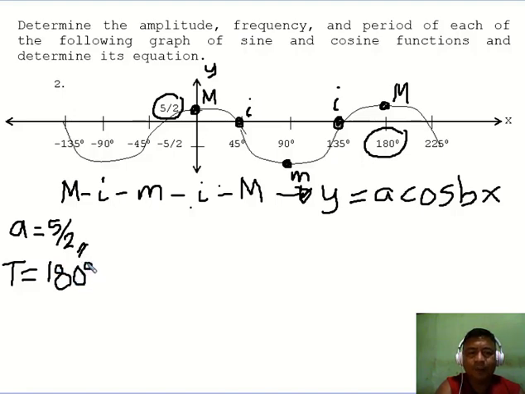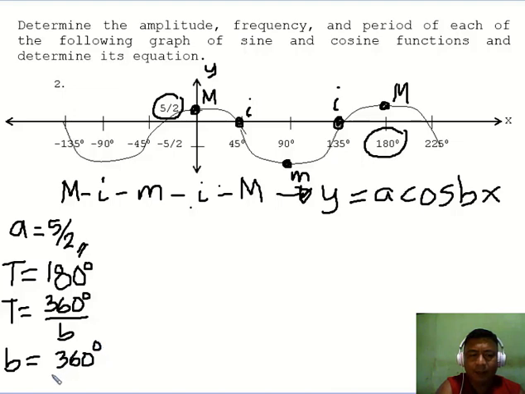Now let's recall how to compute the period T. T is simply equal to 360 degrees all over your frequency b. So from here, we can solve for the frequency b, which is equal to 360 degrees divided by the period T.